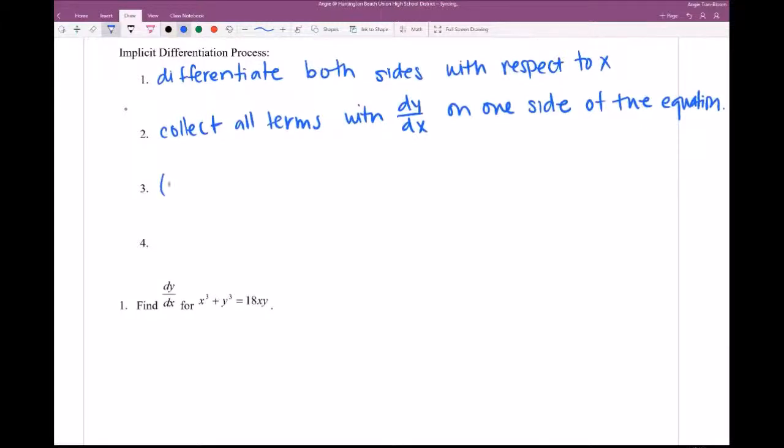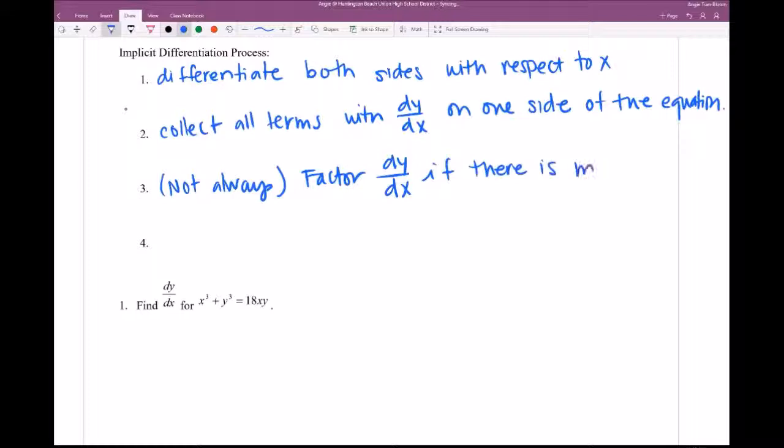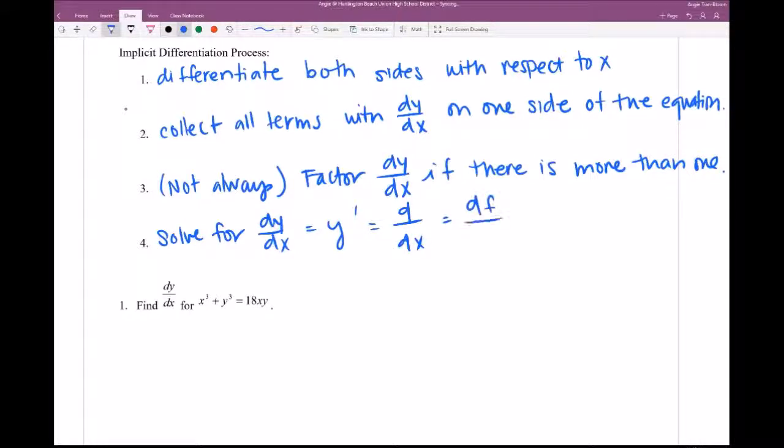This step is not always done. Factor out your dy/dx if there is more than one. Then last, solve for dy/dx, which is the same as y prime, which is the same as d over dx.